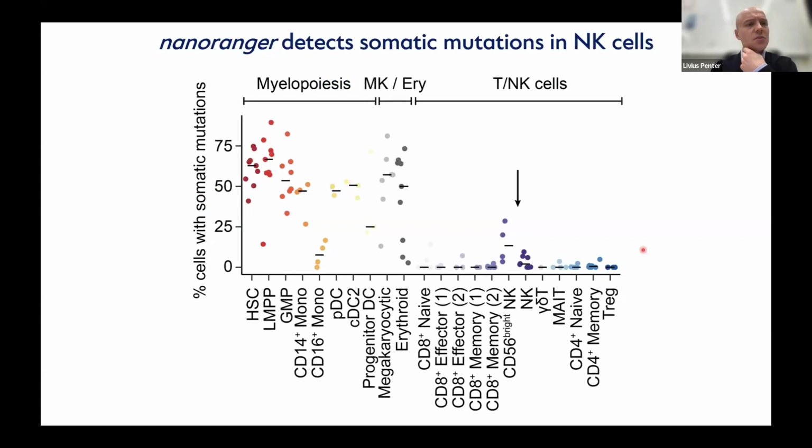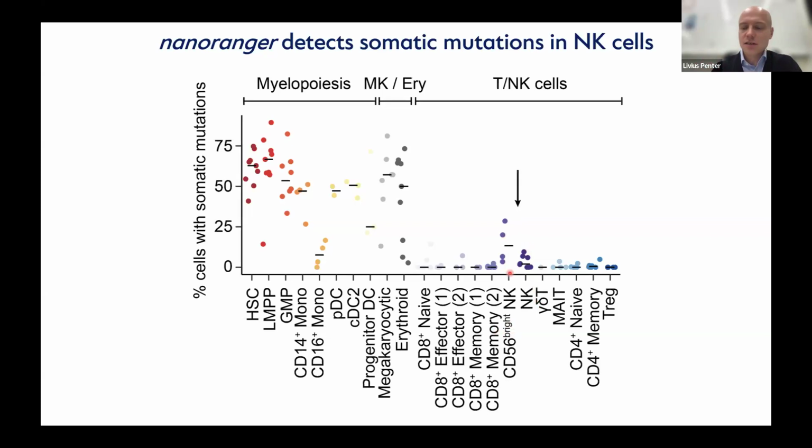And I think the most probable explanation is that this is due to the fact that most of these patients had secondary AML after clonal hematopoiesis, and the NK cells are probably also derived from expanded stem cell clones that precede leukemia, so pre-leukemic clones that give rise to NK cells, and that's why the NK cell compartment also has somatic mutations.